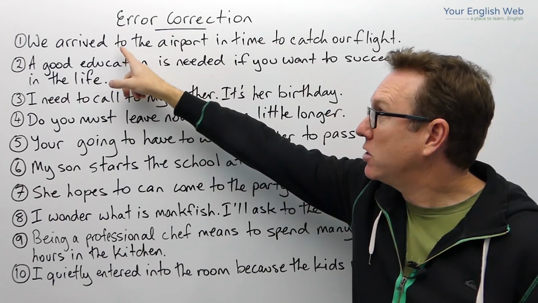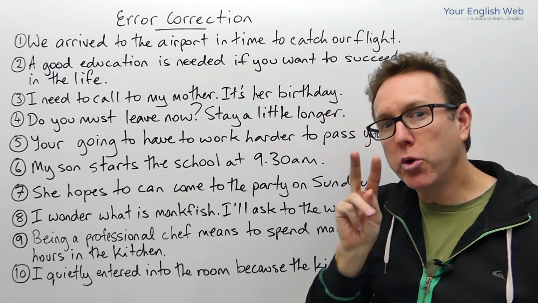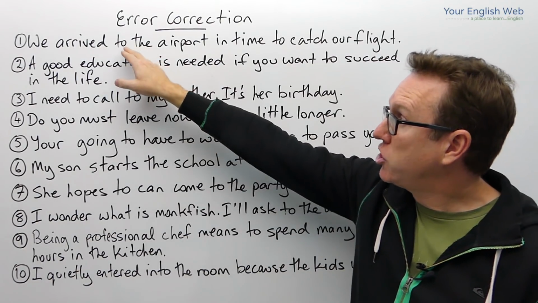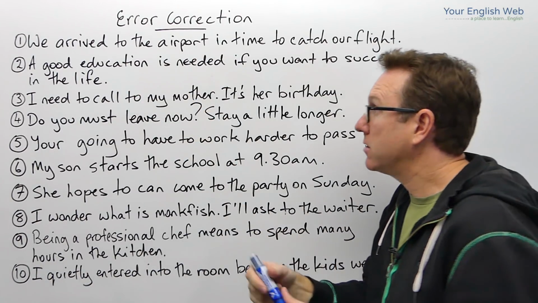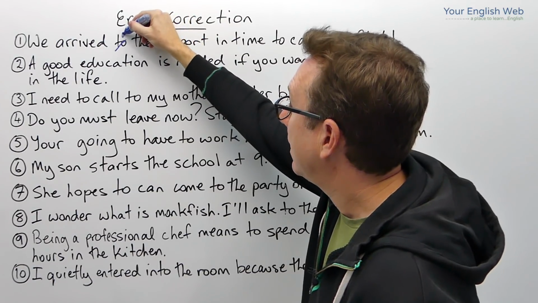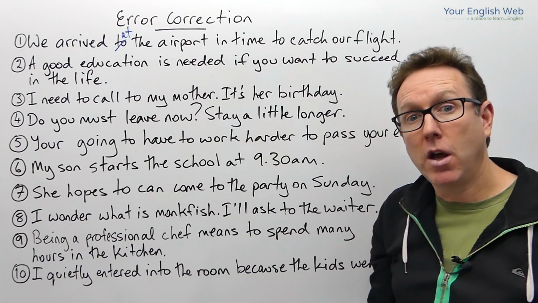So we arrived to the airport. That's where the error is. Now there are two ways that we can correct this sentence. We can either change the preposition, okay, so we can cross this preposition out and say we arrived at the airport in time to catch our flight.